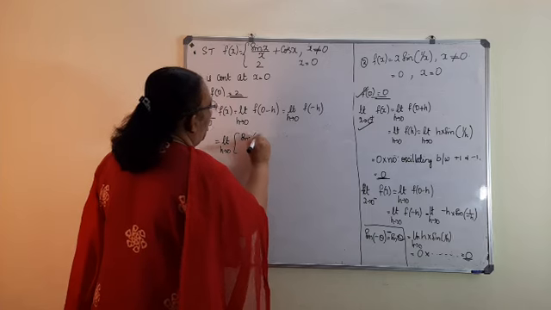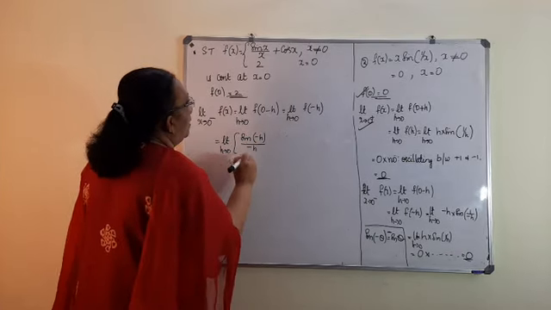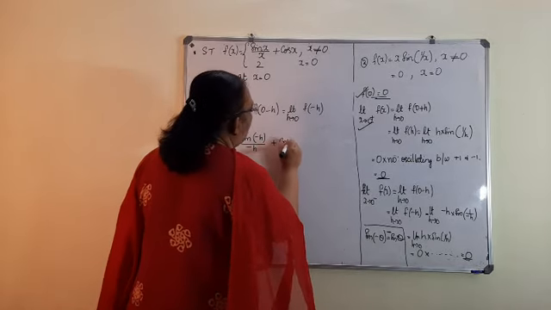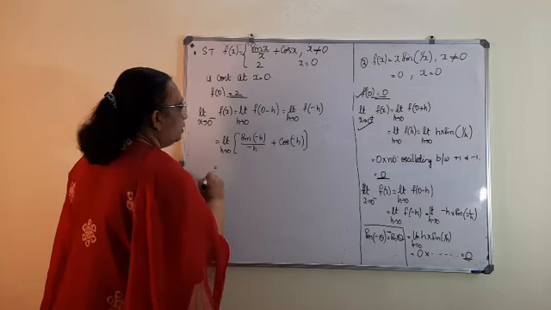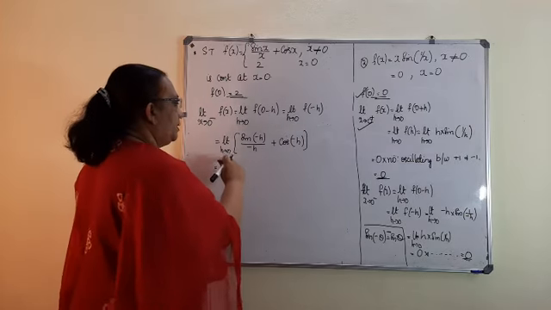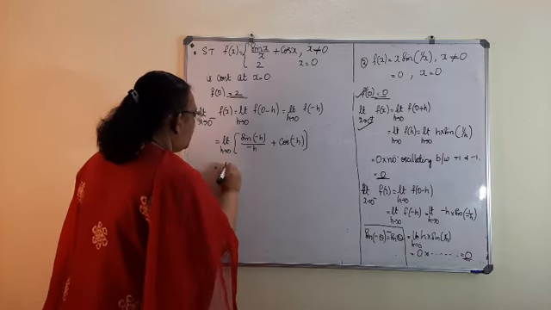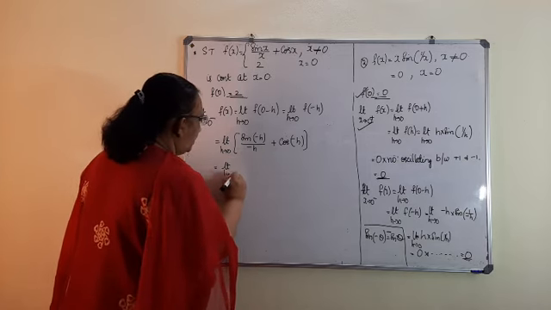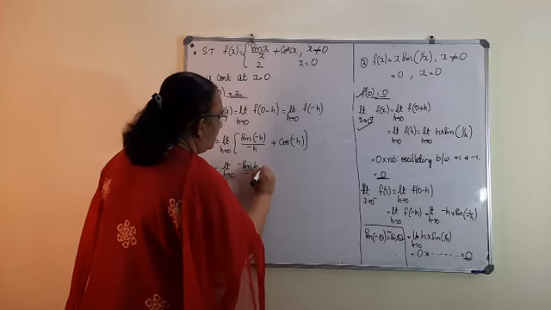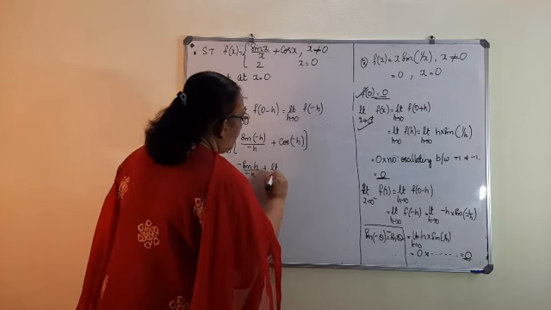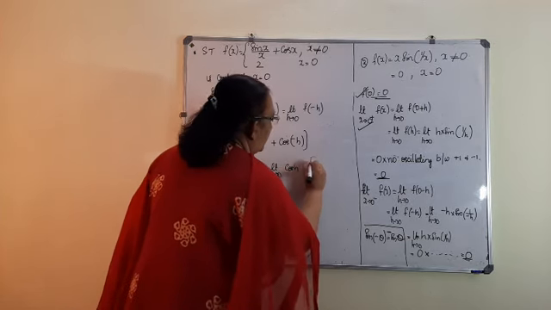Sine of minus h by minus h plus cos of minus h, equal to, you have studied the property of limit. You can give the limit to these two functions. Limit of h tending to 0 minus sin h by minus h plus limit h tending to 0 cos of h. What is the reason?